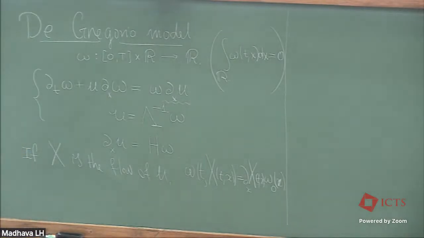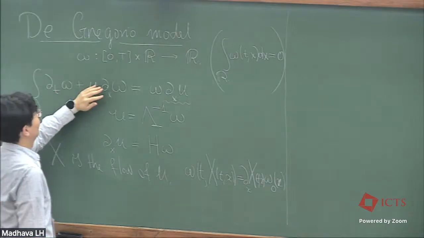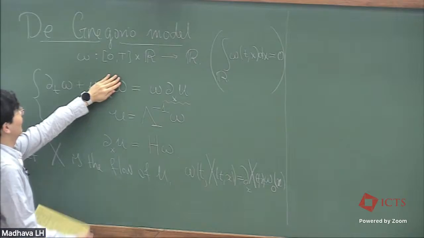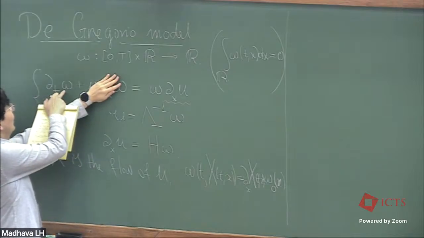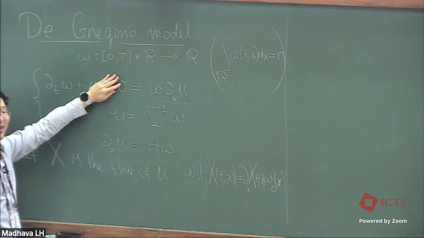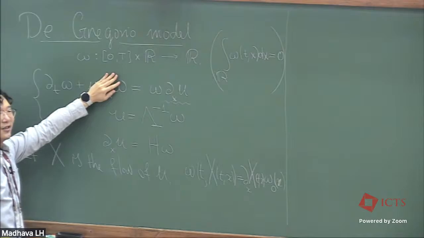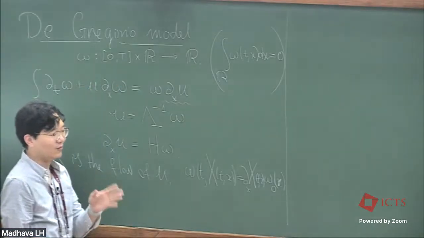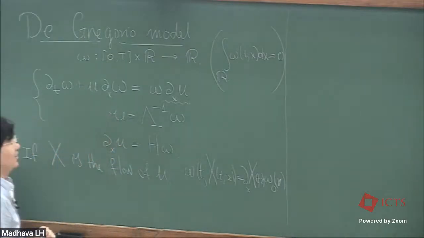Okay. So this is just a formal model. There's some story behind it. Mainly, a few years before this model, there was even simpler toy model, which is just that time derivative of omega is omega times the Hilbert transform of omega. And that model was introduced by Constantin, Lax and Majda as an extremely simplified model of the three-dimensional vorticity equation.